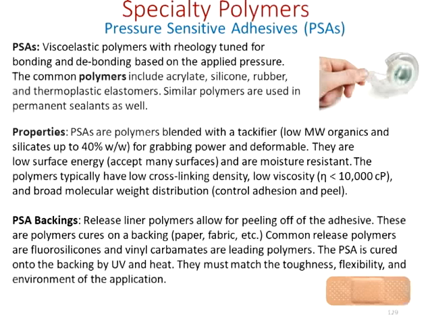The polymers typically have low cross-linking density, and that's pretty important to how it flows out and doesn't harden as fast. Low viscosity is another important feature. These are features you want to think about if you want to prepare your own PSA. And a broad range of molecular weight distribution, and that's to control the adhesion and peel.